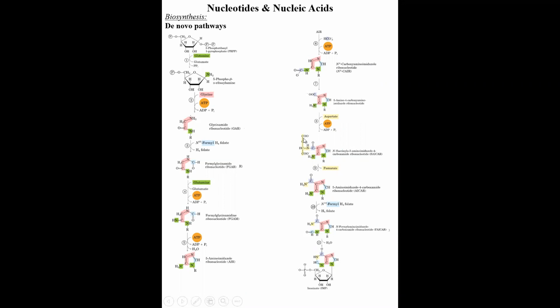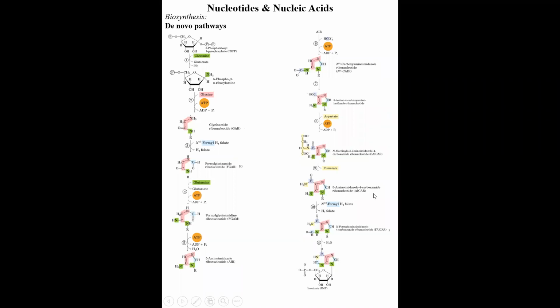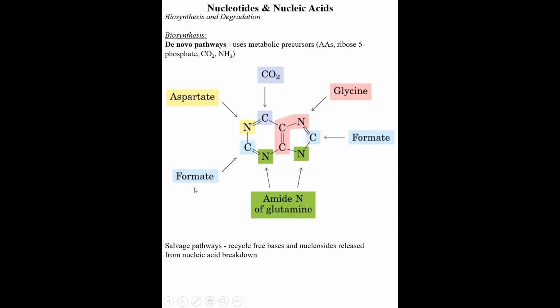Okay, and the succinate part of aspartate is again attached here, and in the subsequent reaction, which is catalyzed by lyase enzyme, fumarate is removed here, and after removal of fumarate, only NH2 group of aspartate is left, and now it becomes 5-amino imidazole 4-carboxamide ribonucleotide.